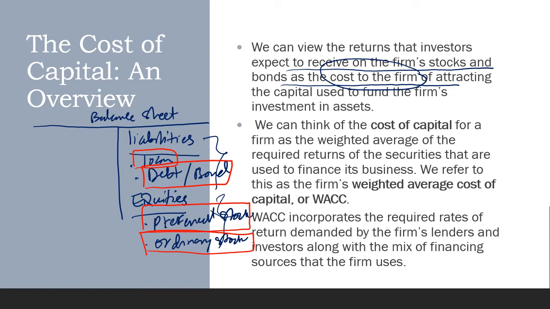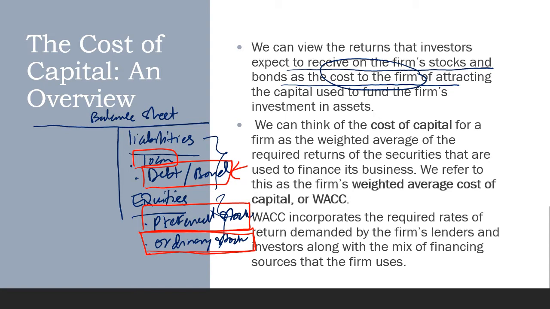Basically, the cost of the debt comes from the coupon rate. The cost of the preferred stock is the dividend that the company has to pay to the preferred stockholder, and the return on the ordinary share is also a cost to the company when the company decides to raise capital using ordinary stock.